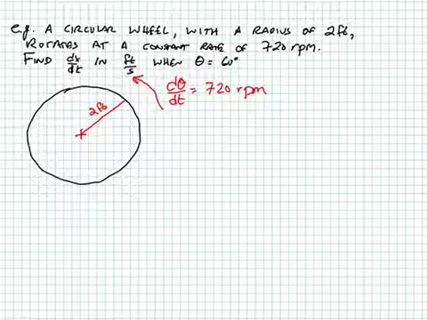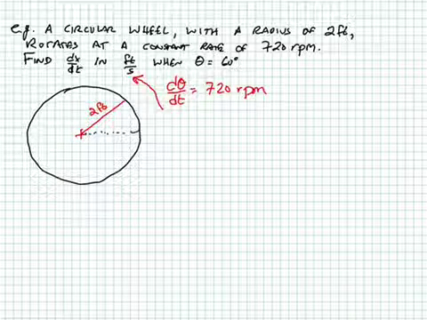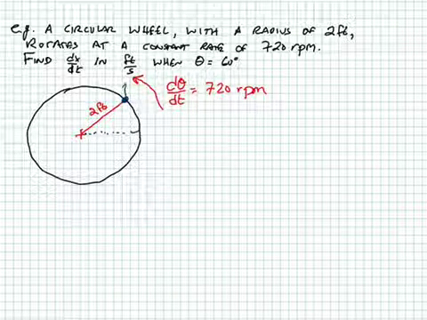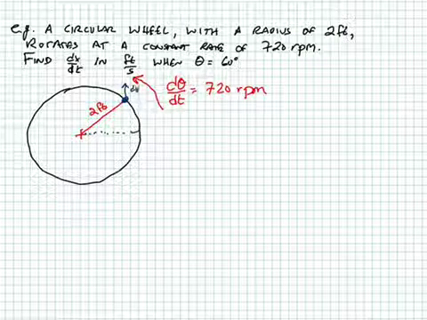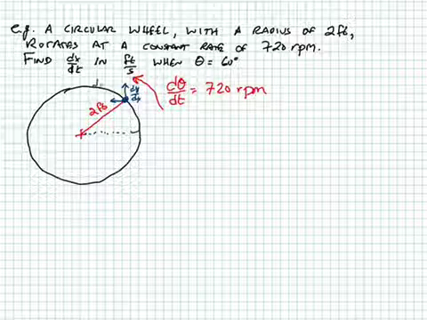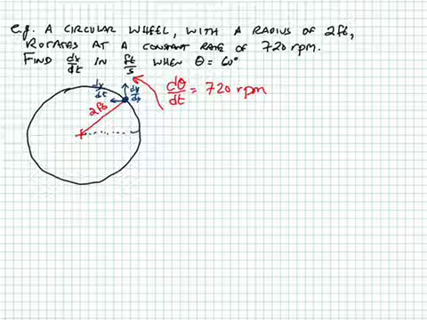Alright, and so what this problem is asking me to do is to find dx/dt when theta is 60 degrees. Okay, so if I look at a point on this circle, then this point is moving in a dy/dt direction, but it's also moving at a dx/dt rate as well.